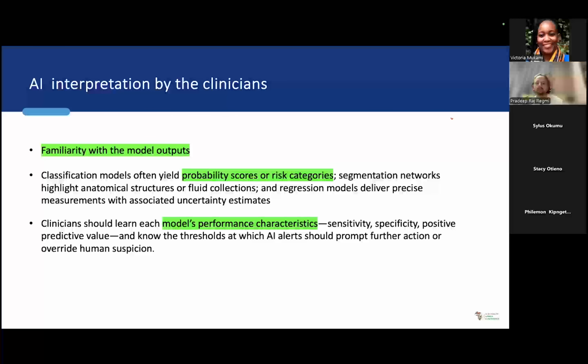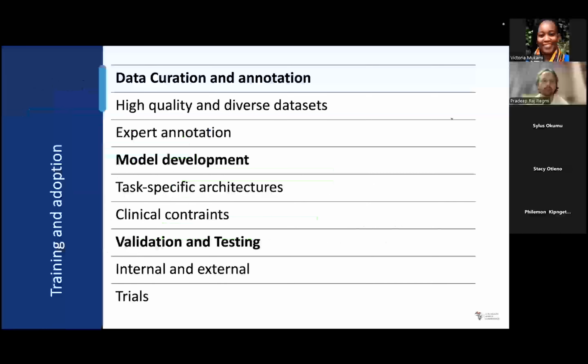Clinicians should also learn the model's performance, because we call AI a black box from a clinical perspective, but the clinician should know its sensitivity, specificity, positive predictive value, everything, to be sure he is fully aware about AI interpretation as well. So for that, we need training and adoption.